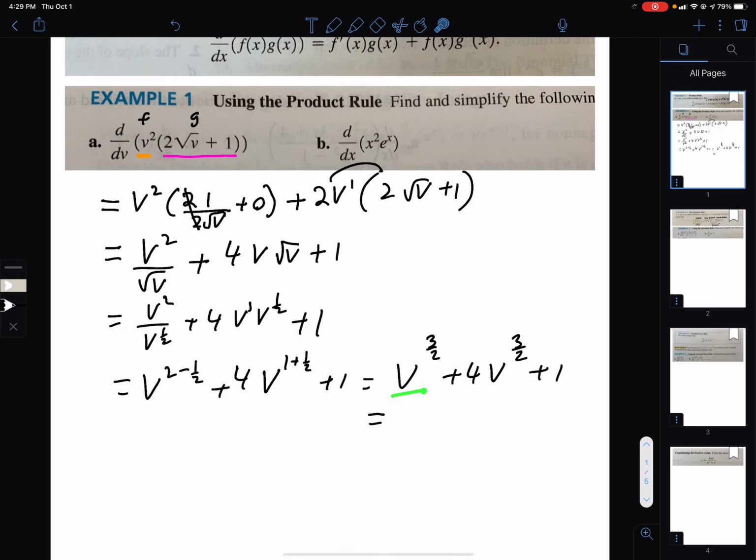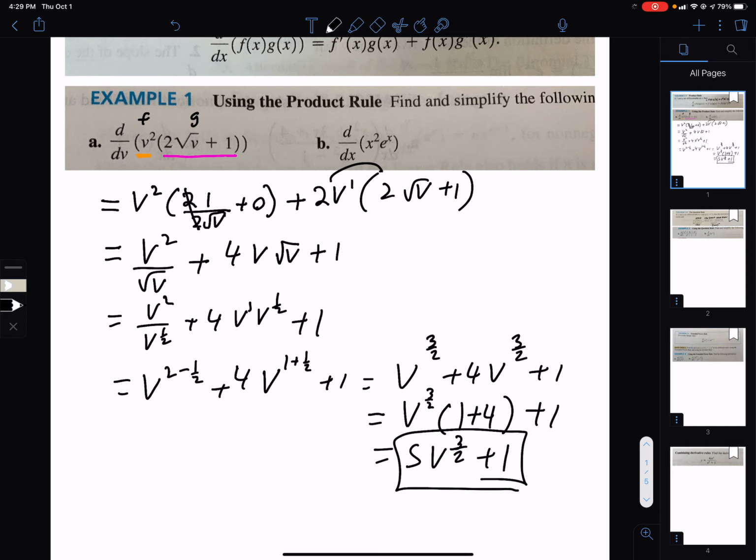You noticed we had a common factor. If we take v to the 3/2 out, I'm left with 1 plus 4. Because if I take this out, I'm left with 1. If I take that out, I'm left with 4. If you add those up, 4 plus 1 is 5. So that's really why it's 5. But I think of it as I have 4 here, I have 1 here, I add them up, I have 5. So that's the answer to part A.